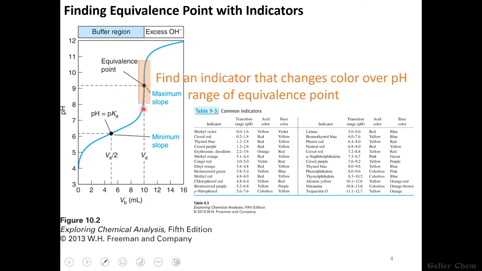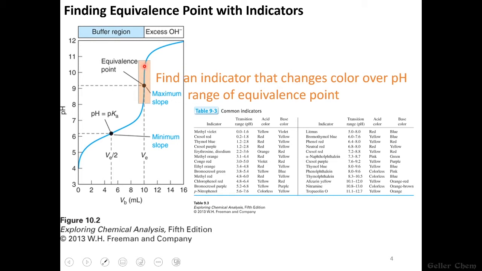We get right behind the equivalence volume, and our pH is slightly below 8. And so something like phenolphthalein would still be colorless, but be right on the brink of changing to pink. And then you would add that tiny bit of volume, like a drop or two, and that would cause the pH to skyrocket because you're at the equivalence point.